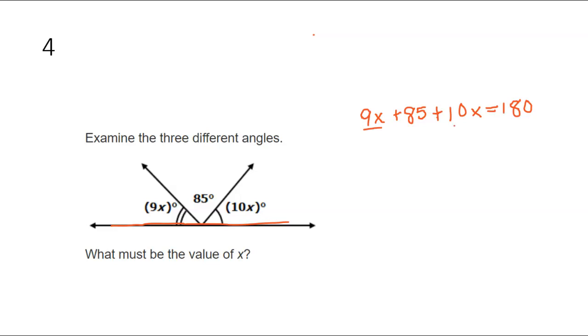I'm going to combine my like terms to start out. 9x plus 10x is 19x, and then plus 85 equals 180. Now I'm going to subtract 85 from both sides to cancel it out.